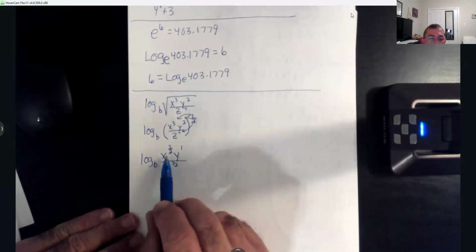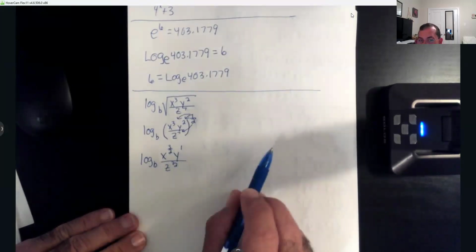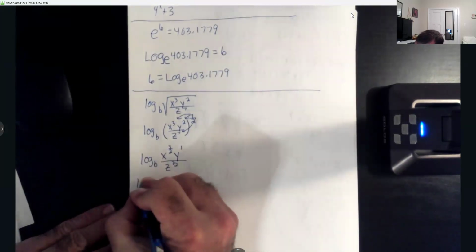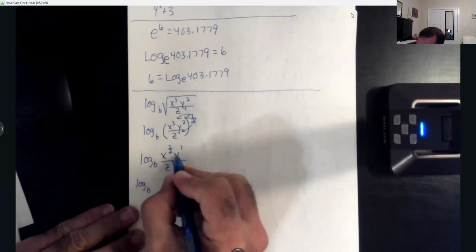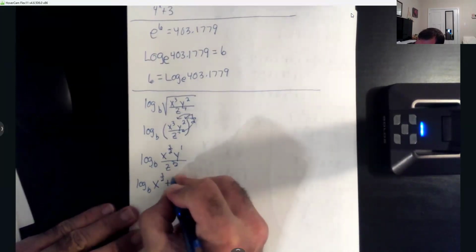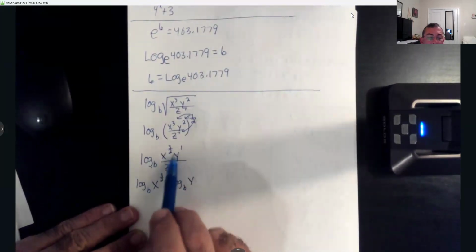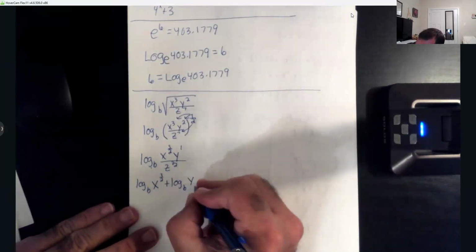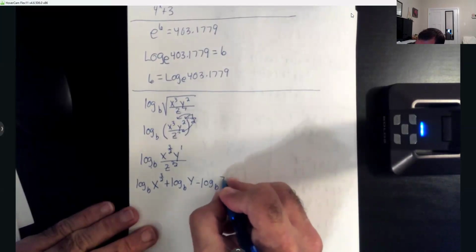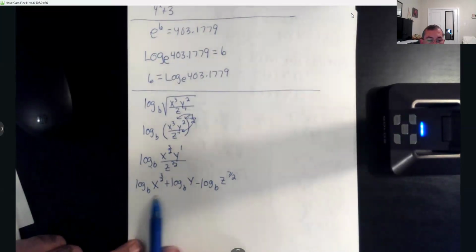Now, here's the thing. I'm going to start writing them as sums and differences. If they're on top, they're positive. On bottom, they're subtracted. Distribute the log b to all three. So log b of x to the 3 halves plus log b of y. So both these factors on top are positive, and then it's minus the log b of the bottom factor, which is z to the 7 halves. And y'all, we're pretty close at this point.